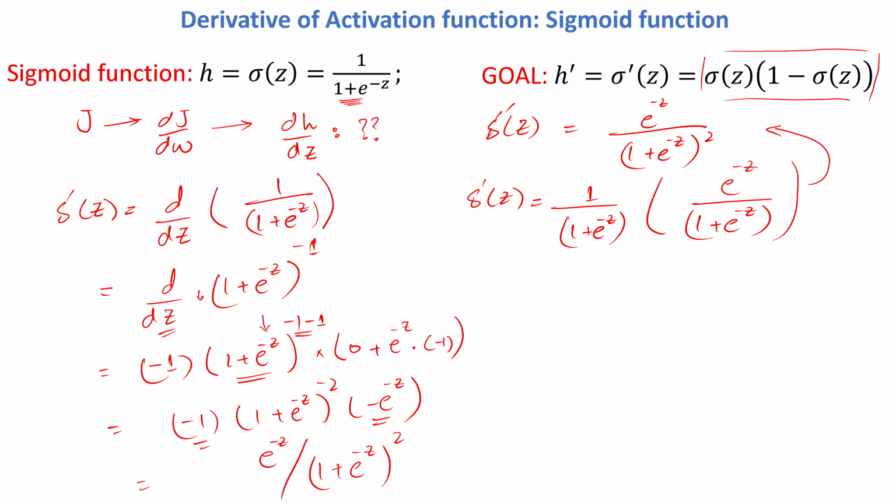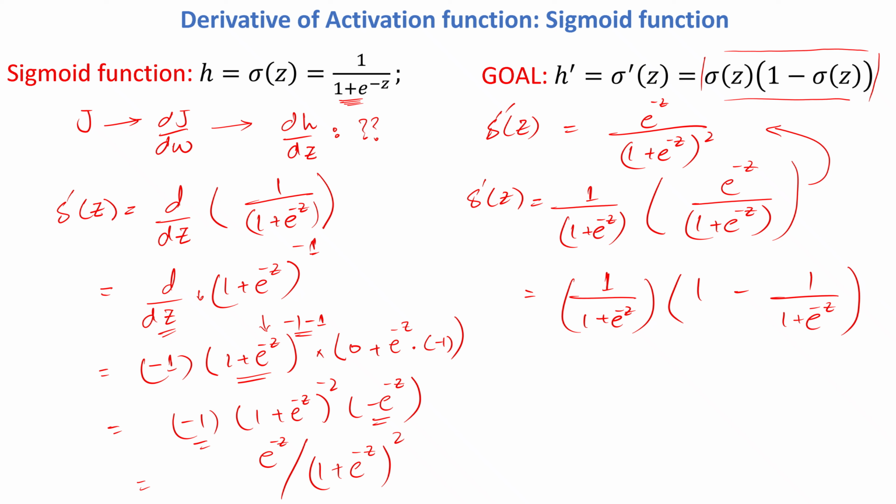Next step is to use the LCM method and split this term. So we can write it like this: 1 plus e to the power minus z, right? This becomes 1 minus 1 divided by 1 plus e to the power minus z.